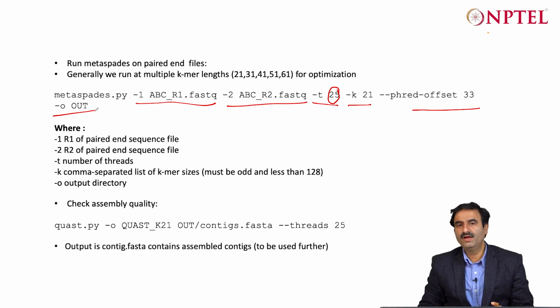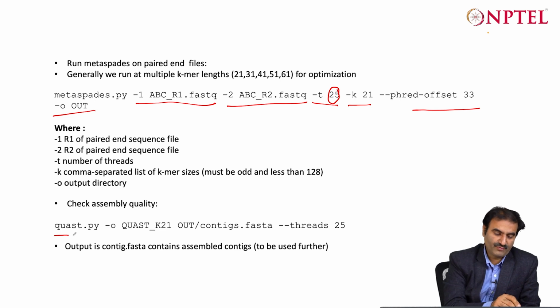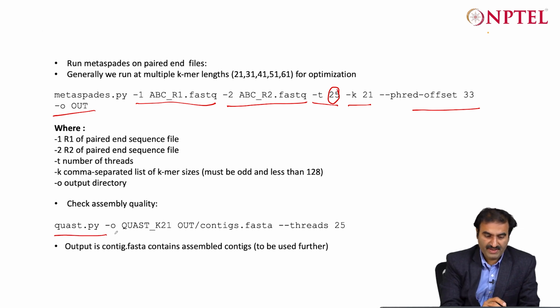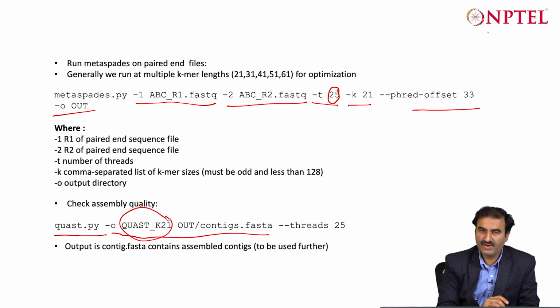Then once your assembly is done, you have to get statistics or parameters, like the quality of your assembly. For this you can use the quast.py command. So -o is the folder that will contain the quality values.